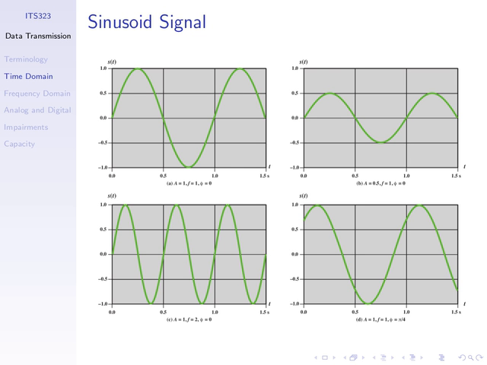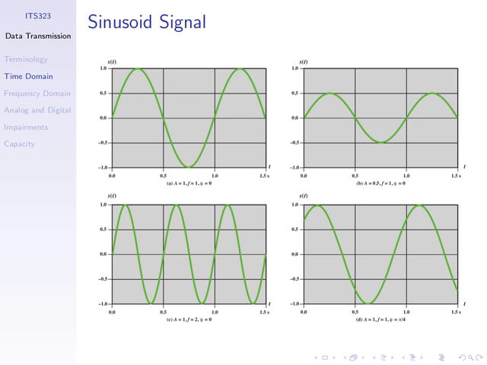As you change the time, here time is 0. Put in 0 here. 2 times pi times 0 is 0. Sine of 0 is 0. The strength here is 0.